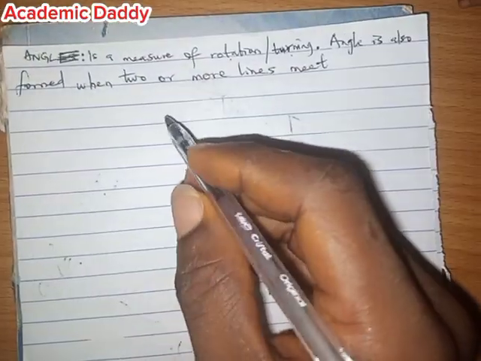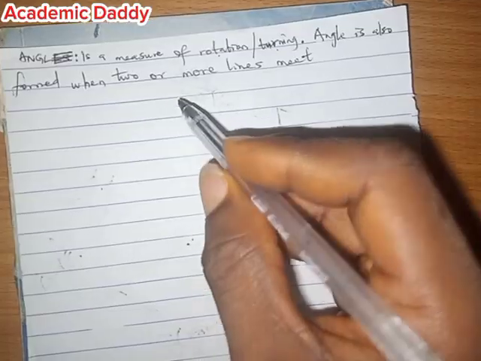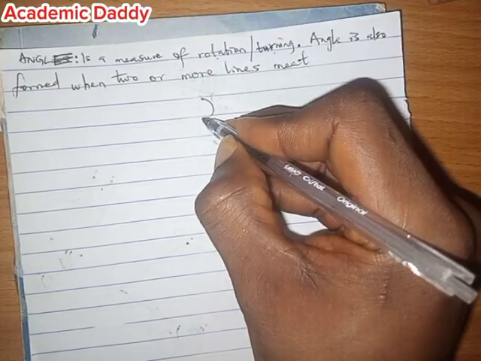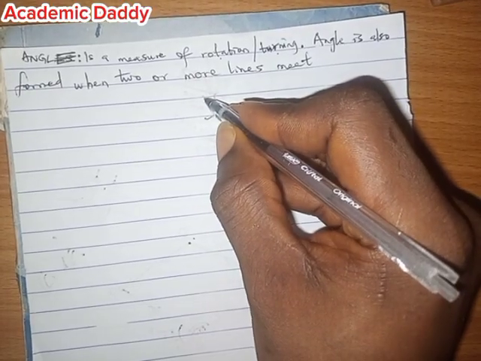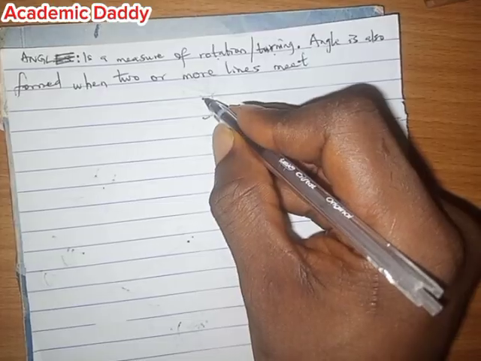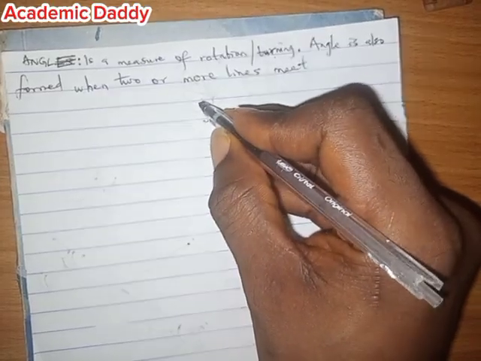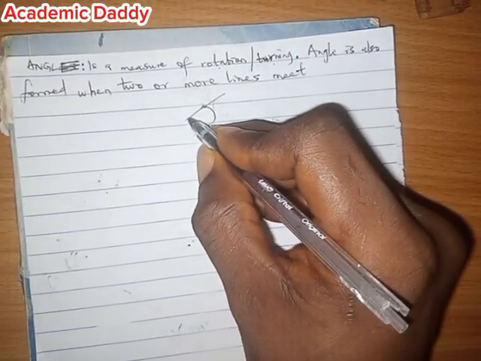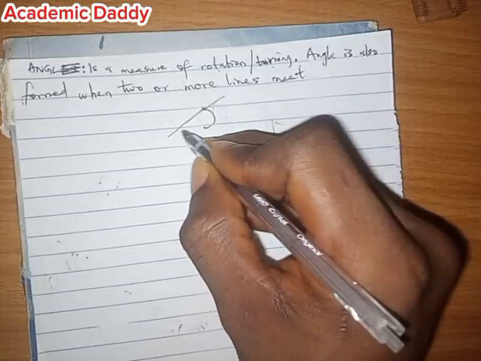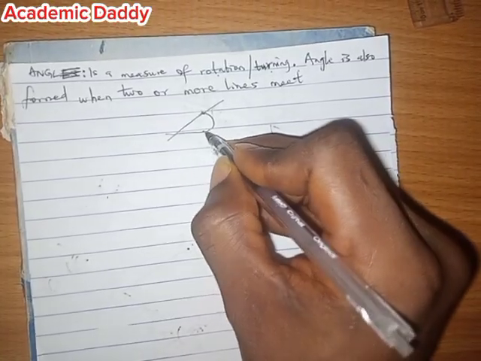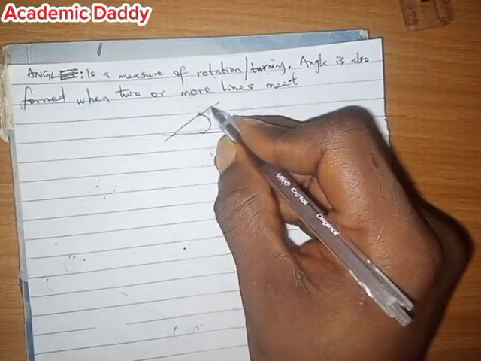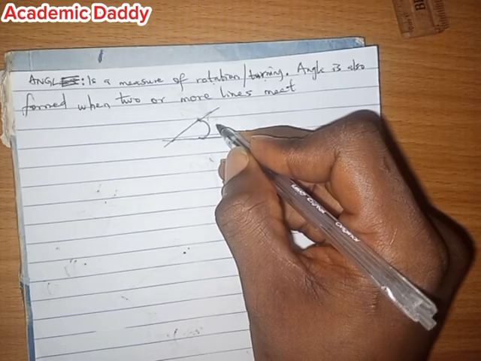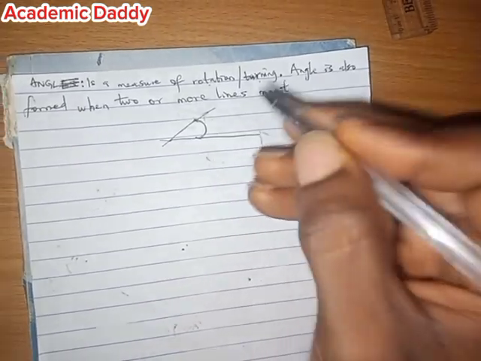See for example, if I have turning or rotation, something turns or rotates, by the time I check this turning, I can see that it's turned to this point. Let's say we use a line to join and mark this out. Now we see two lines meeting. So it gives us that the angle here is acute, less than 90.